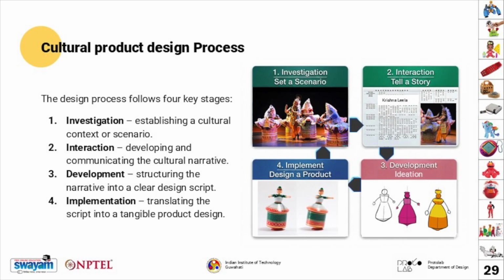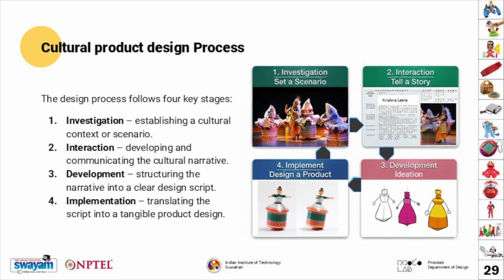2. Interactions: tell us a story stage. Based on the scenario, the second stage focuses on user-centered observation. Designers explore the social and cultural environment to define a toy that carries meaningful cultural identity.